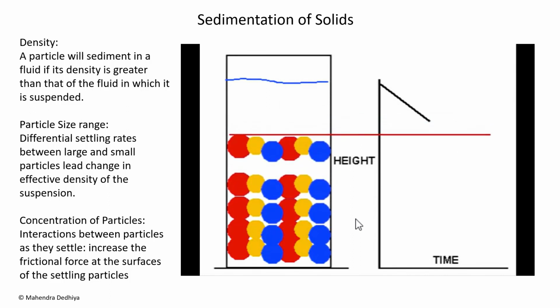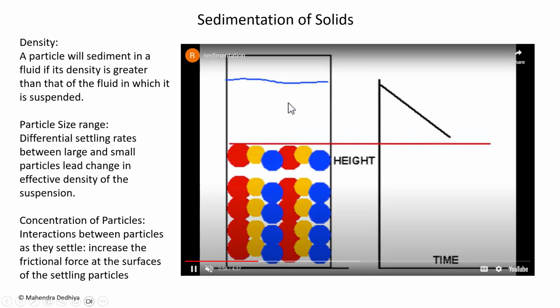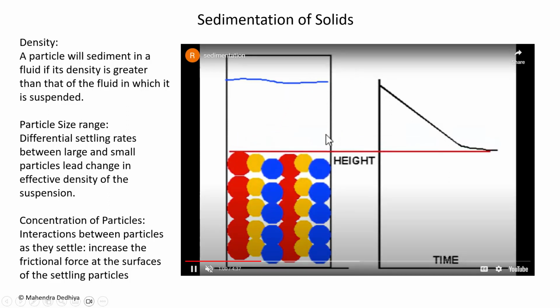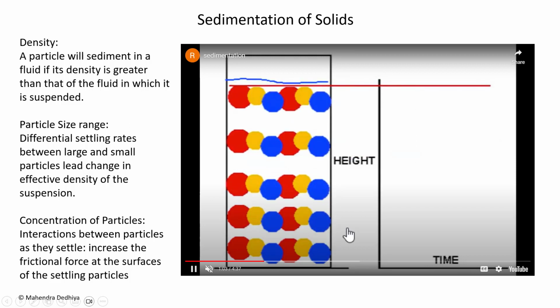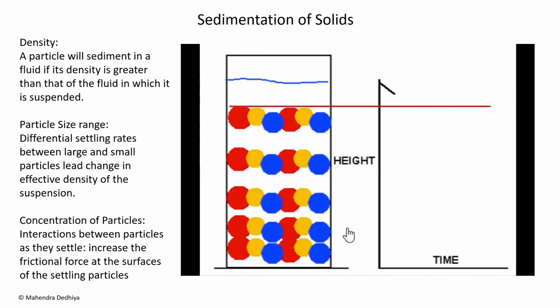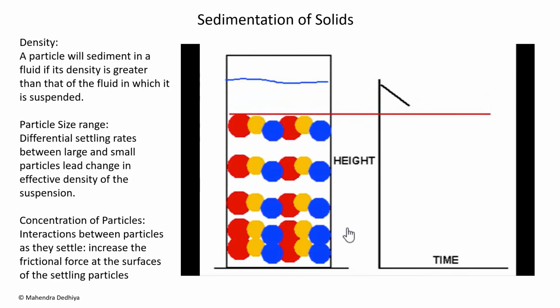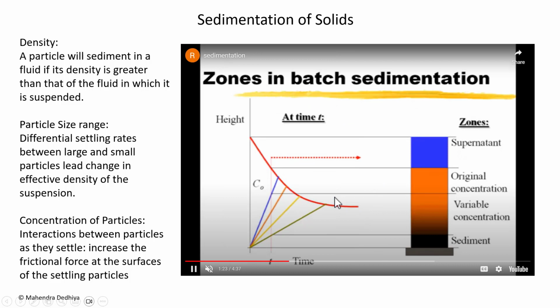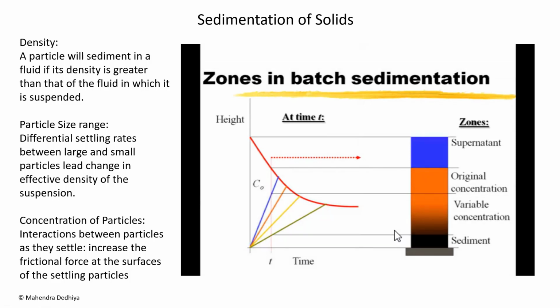The graph of clear liquid on top and the height of sediment versus time gives information on how suspensions are behaving. So the rate declines, and at any given time we can look at supernatant, original concentration of suspension, variable concentration, and sediment. This is very critical in understanding suspension stability.